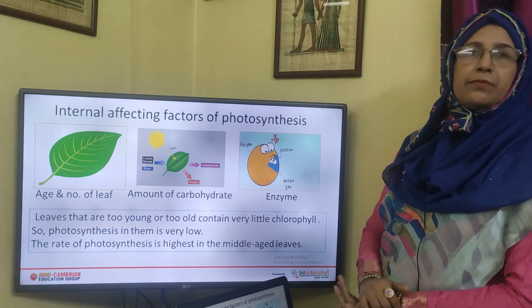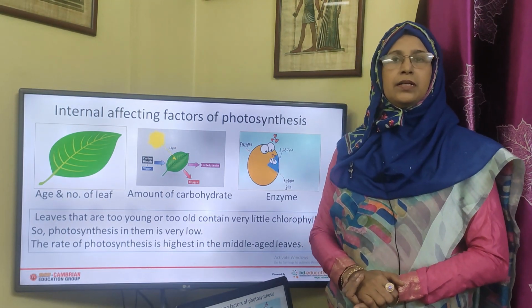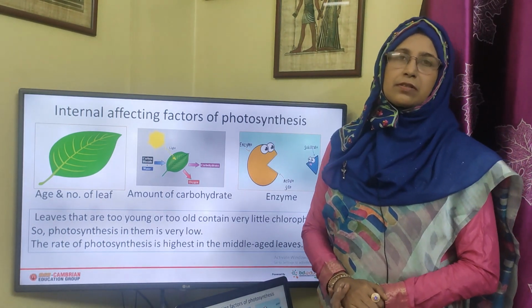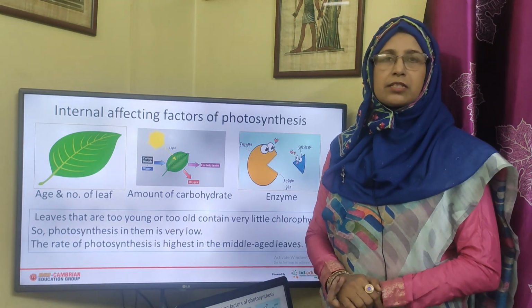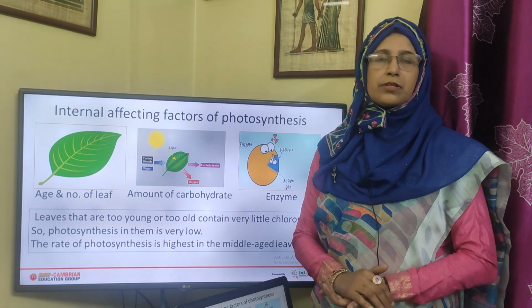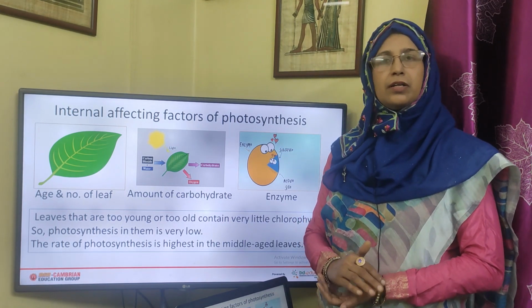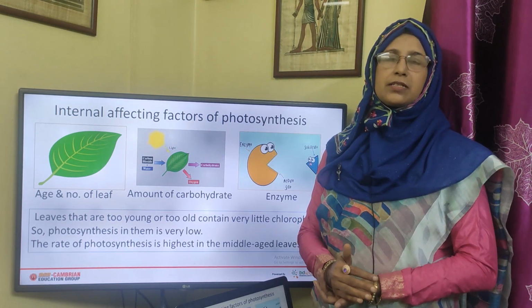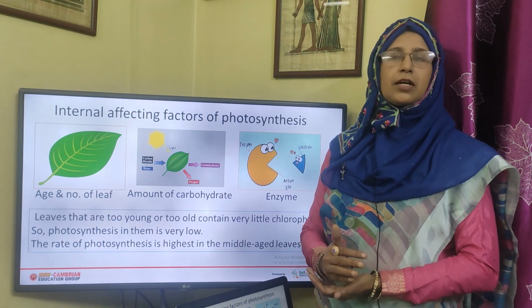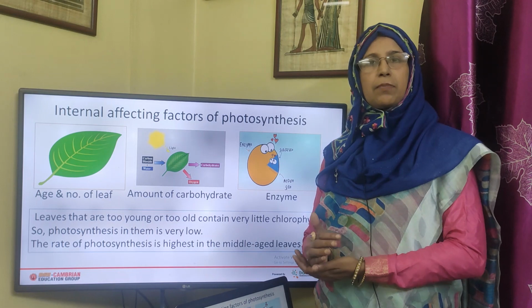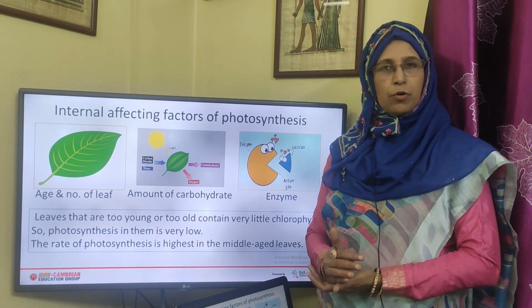Then enzyme. What is an enzyme? An enzyme is a chemical substance which helps chemical reactions occur, but after the reaction it is unchanged. You have learned that in photosynthesis, carbon dioxide plus water produces oxygen plus carbohydrate, a type of food.